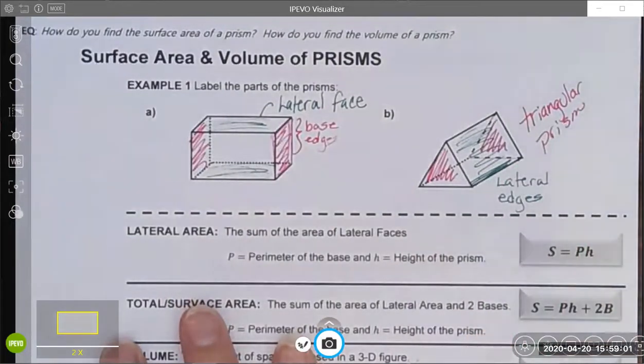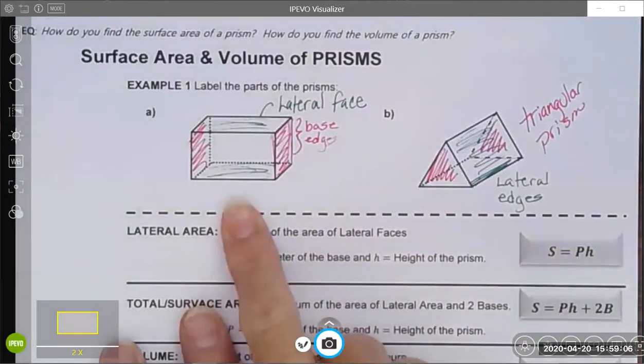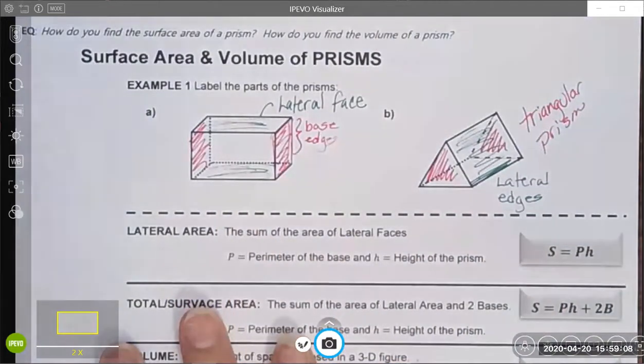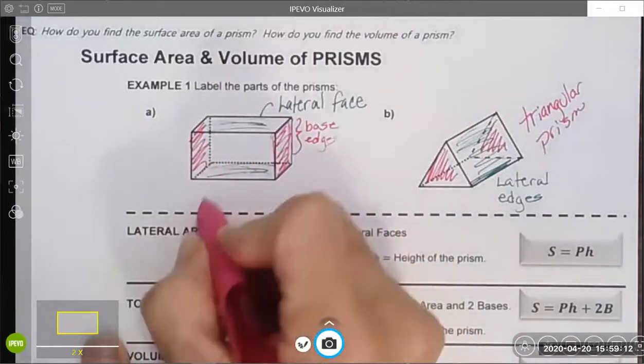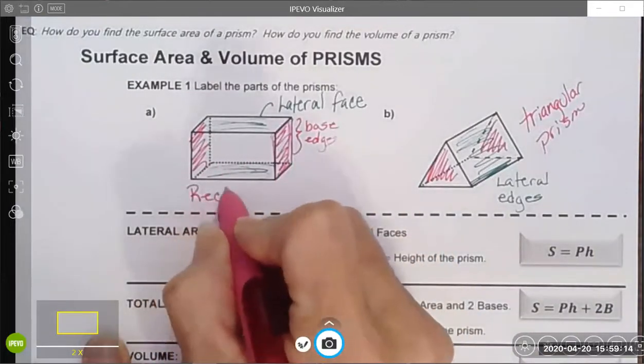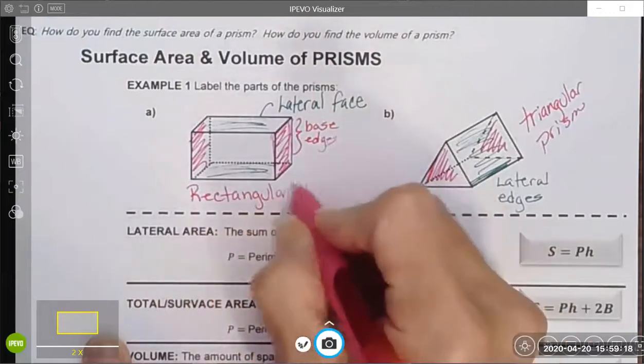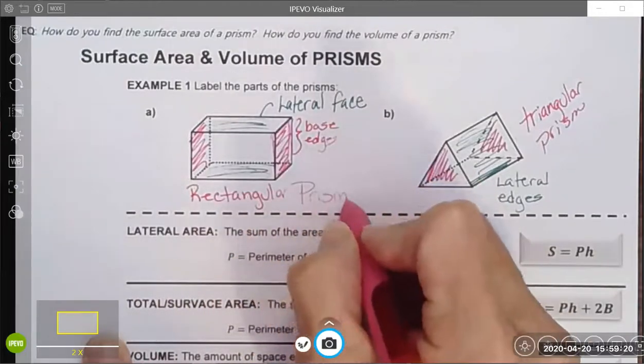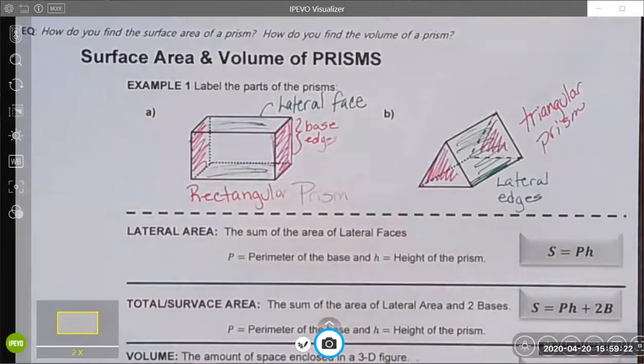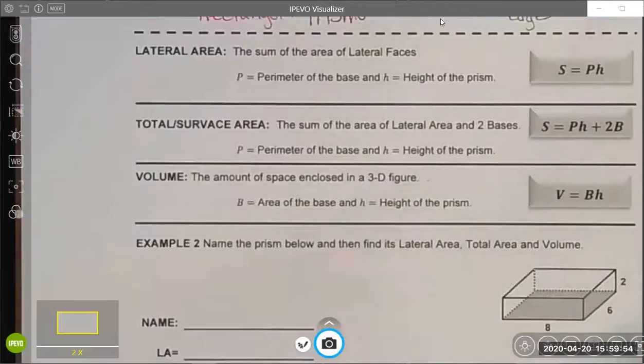Okay, so that's a little bit about these prisms. Last thing, this one I would call a rectangular prism, just because it is obviously a rectangular shape. There we go. I think we've now labeled them all.